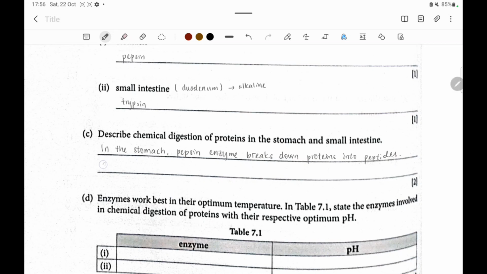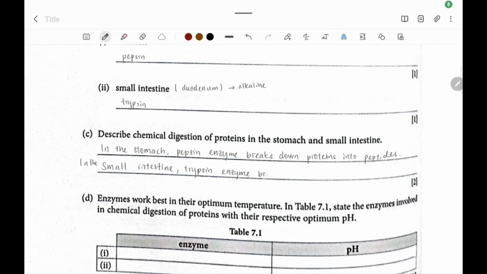And then small intestines, trypsin enzyme breaks down peptides into amino acids, like that.